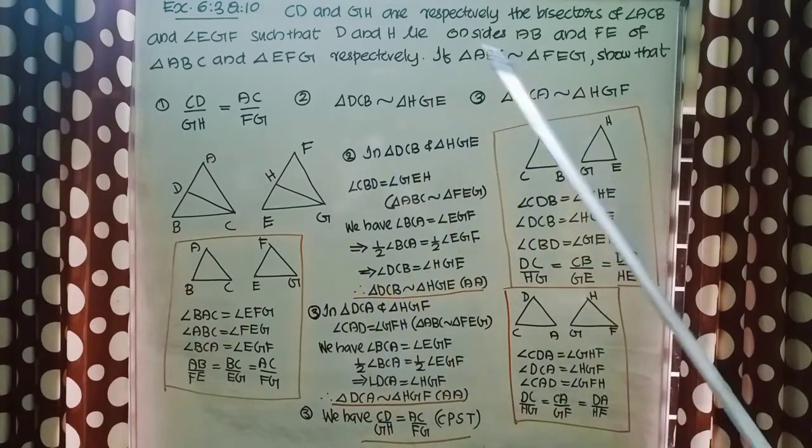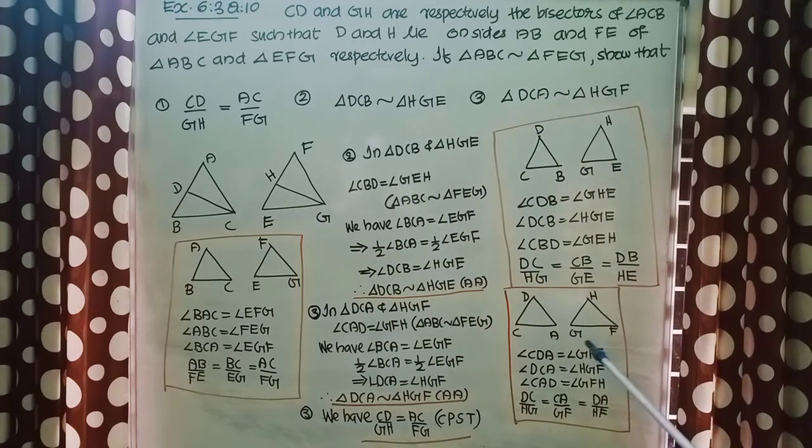Let us check that condition in the corresponding sides. You can see here it is CD by GH equal to AC by FG. So this is true because we have already proved these two triangles are similar, corresponding parts of similar triangles.